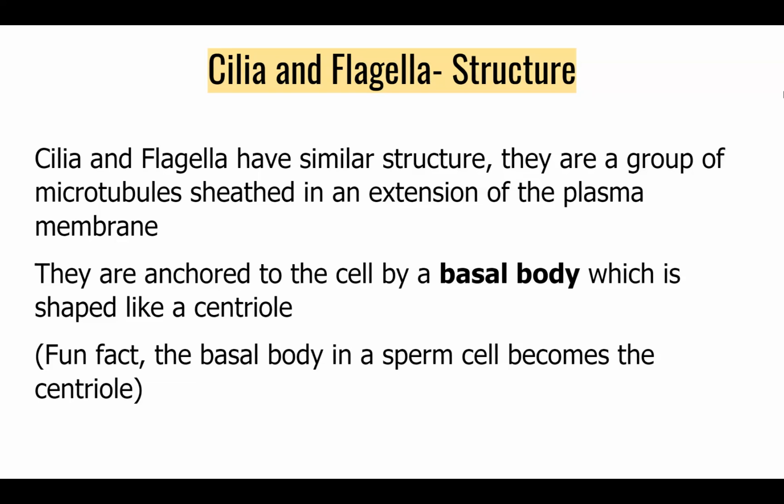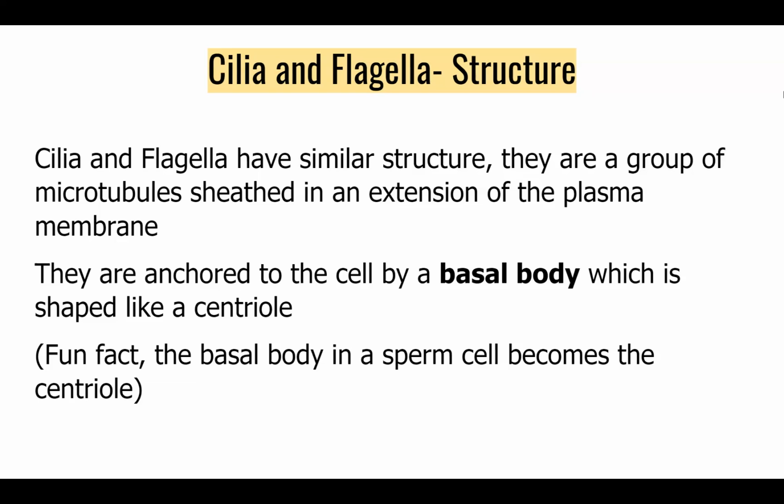The basal body of that flagella, so the thing that is connecting the little tail onto a sperm cell, becomes the centriole in a fertilized egg and leads that egg through the first mitotic division, which is so cool because we are reusing something that was originally just for cell transport into the first division of what could possibly become a new organism, which is super cool.